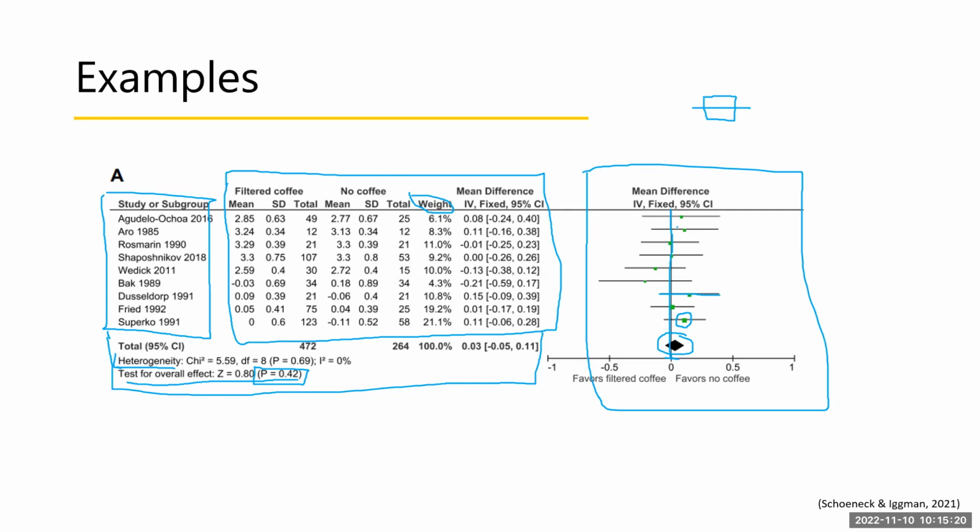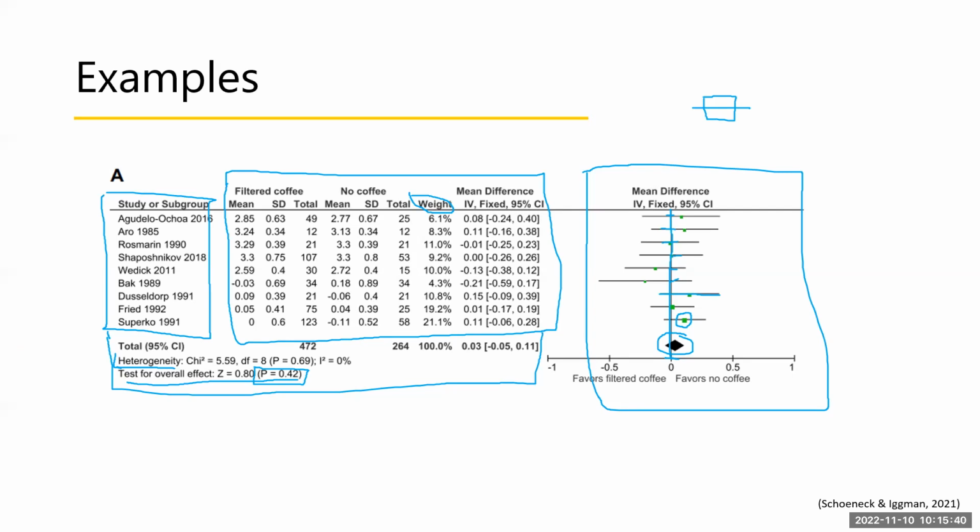And the same thing goes for this study. This study showed no statistical significance. None of these showed any statistical significance between filtered coffee and no coffee and changing LDL levels. Isn't that pretty cool? I think that's pretty cool.